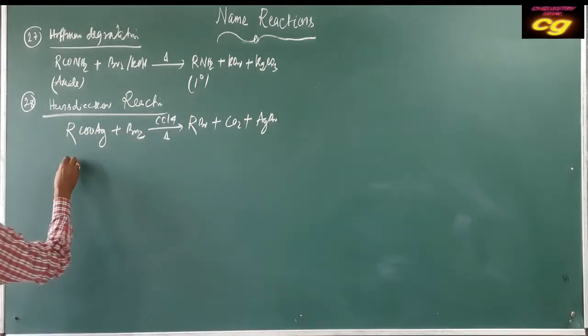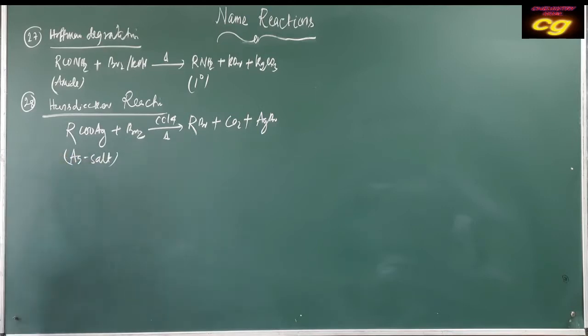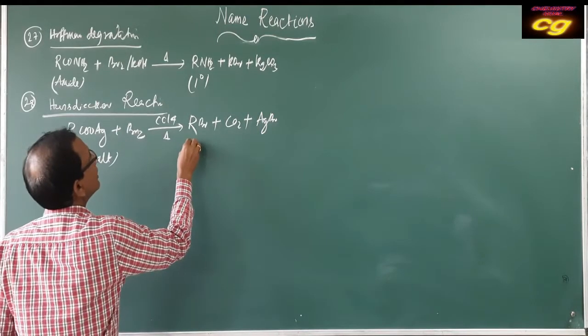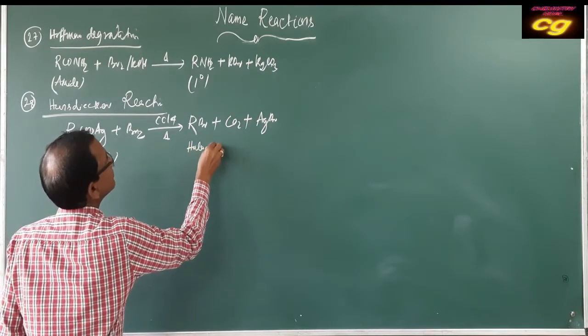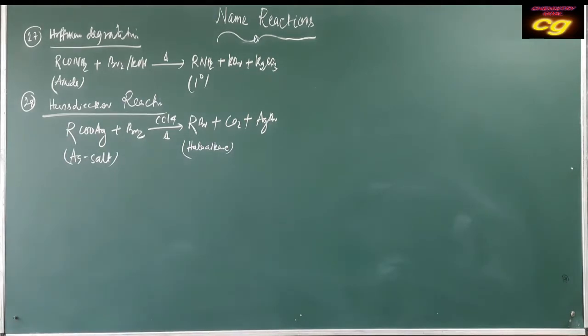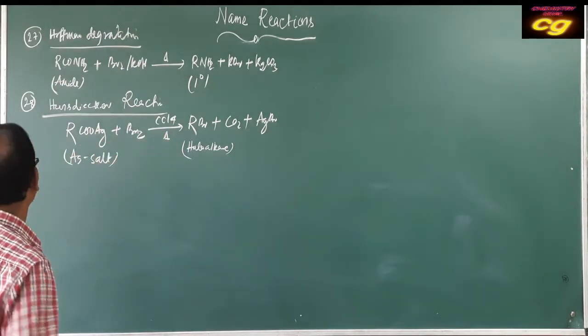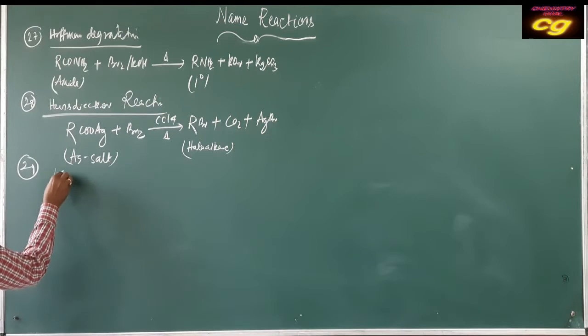This is silver salt of acid, which when treated with bromine produces haloalkane. Generally bromoalkane is produced. This is called Hunsdiecker reaction, conversion of silver salt to haloalkane. That is Hunsdiecker. Then Kolbe electrolysis.